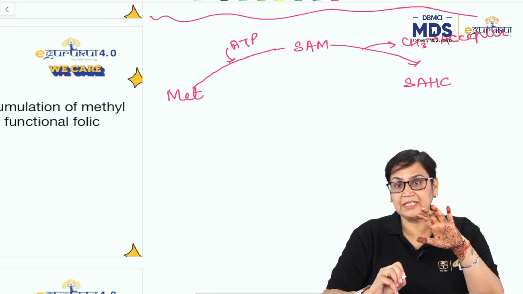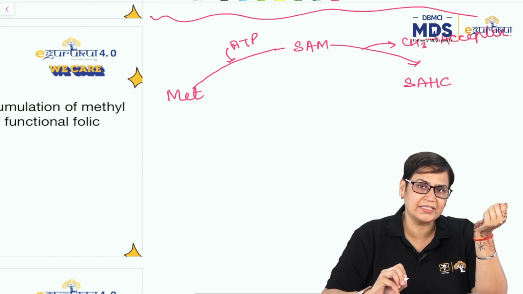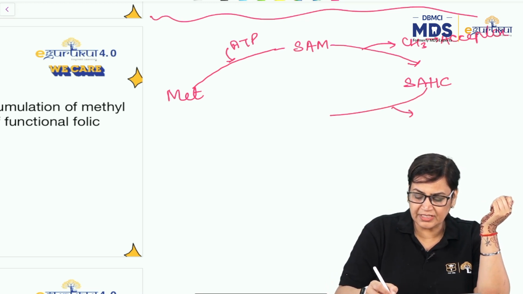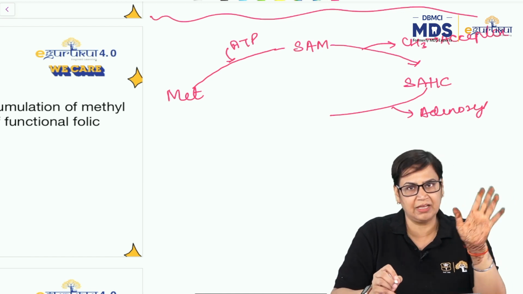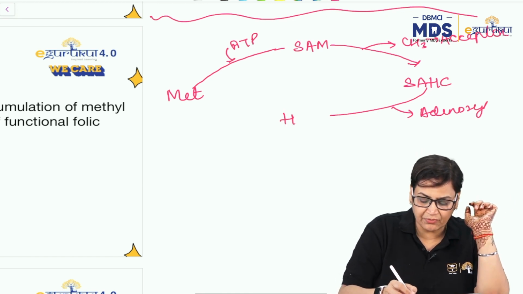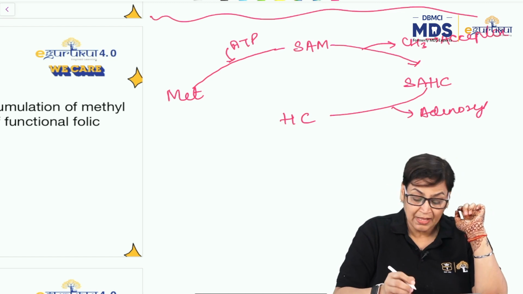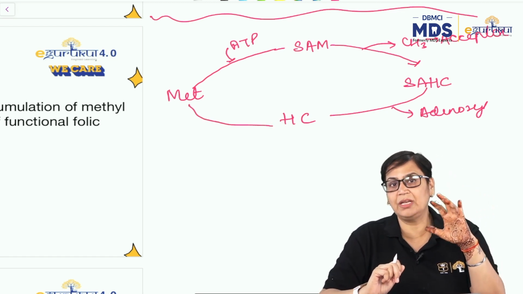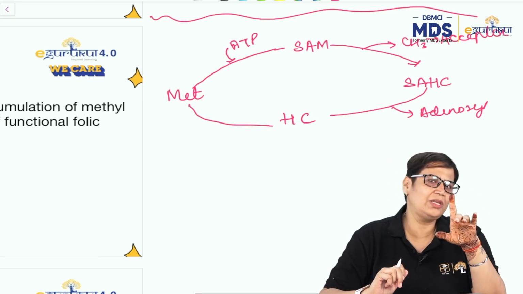Now this S-adenosyl homocysteine, once the function is over, what will it do? It will simply give away this adenosyl group, the function is over, and it will be converted into homocysteine.